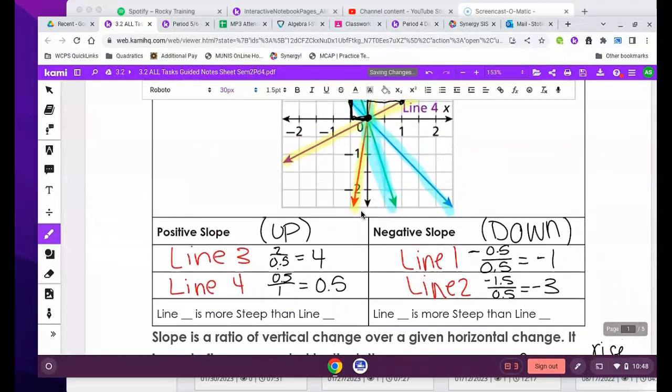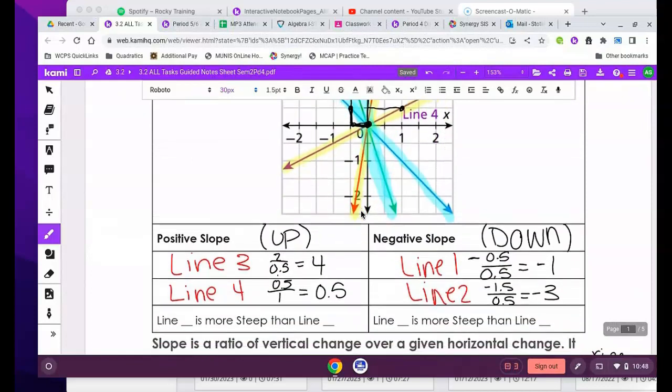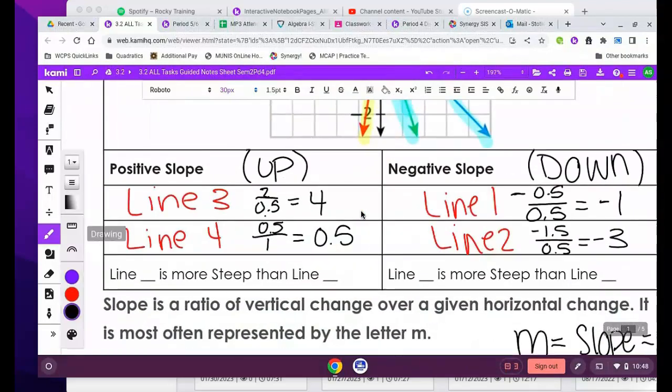So now we have to figure out which line is more steep. It says the one that has the greater absolute value. So 4 is greater than 0.5, so line 3 is more steep than line 4. This number is bigger than the 0.5.